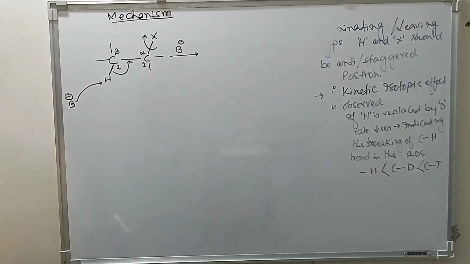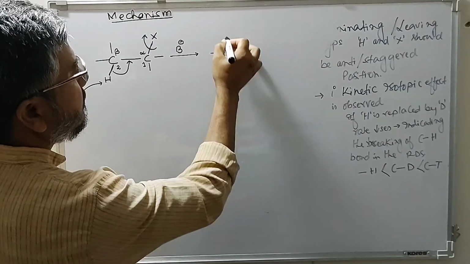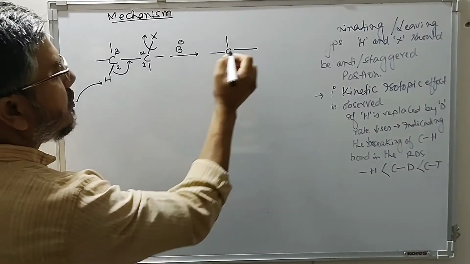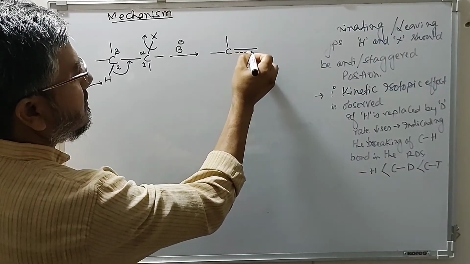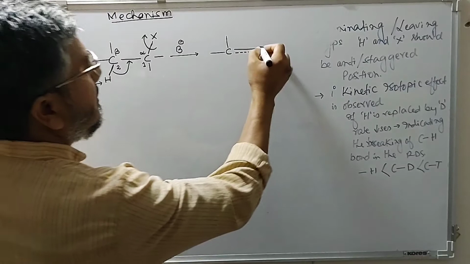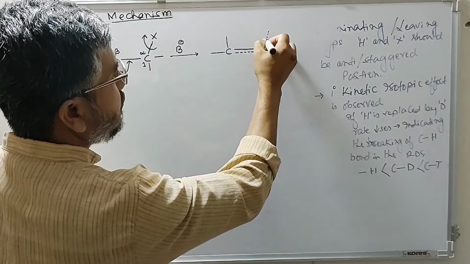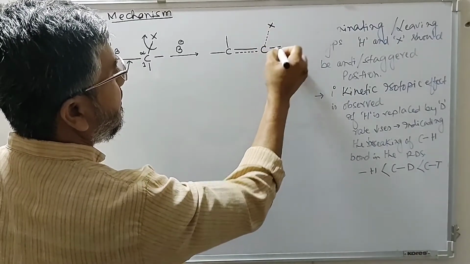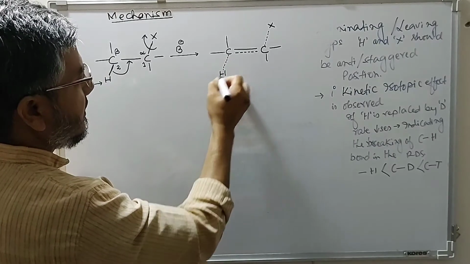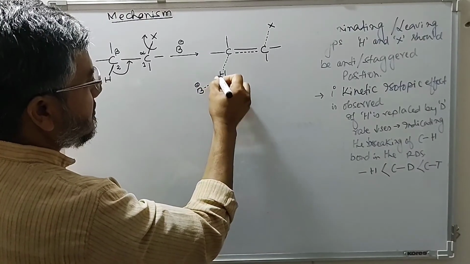During this course of reaction, a transition state is formed. Look at this, this is sigma bond. Now in the transition state, alkene character is developed because this electron is transferred here, and this carbon halogen bond starts to break, and this carbon hydrogen bond also starts to break, and base hydrogen bond starts to form.